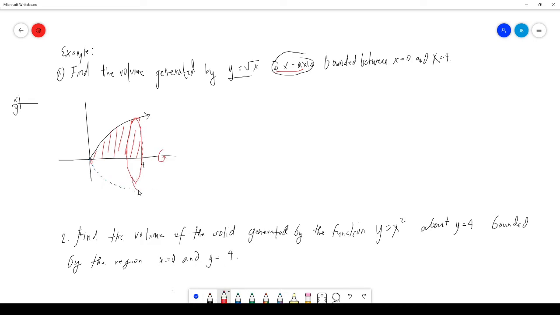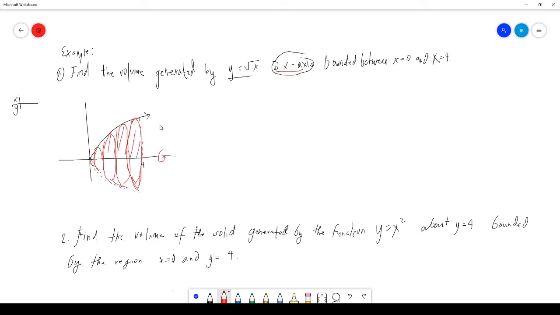And then from this point to this point as well, rotate. Since it's from 0 to 4, rotate this one here and this one here and this one here. So you can see that this is a three-dimensional shape.